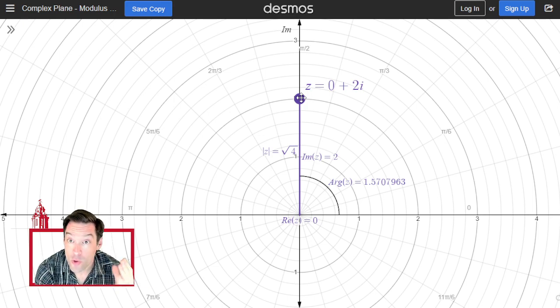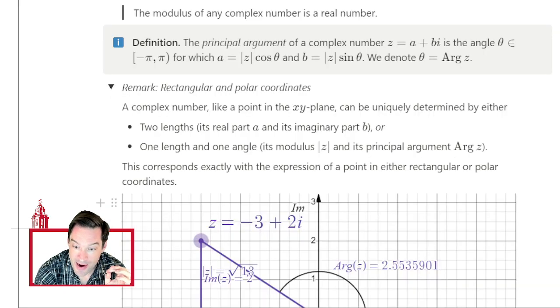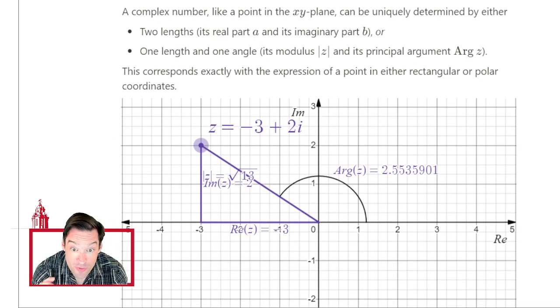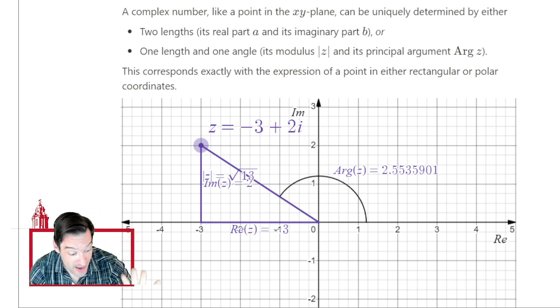So those two different coordinate systems give us two different ways of expressing a complex number, by either its real and its imaginary part, or by its modulus and its argument. Both of these viewpoints are going to be helpful for you this week as you explore the question of how does complex number arithmetic manifest as complex plane geometry.